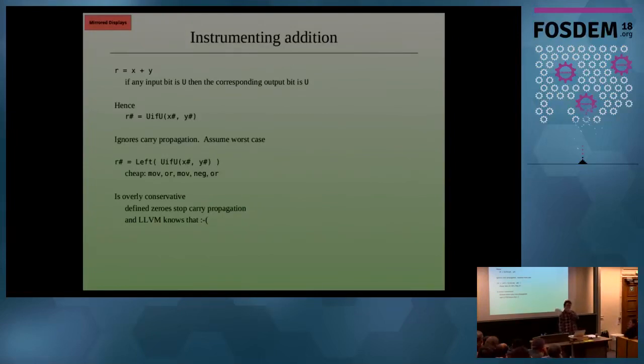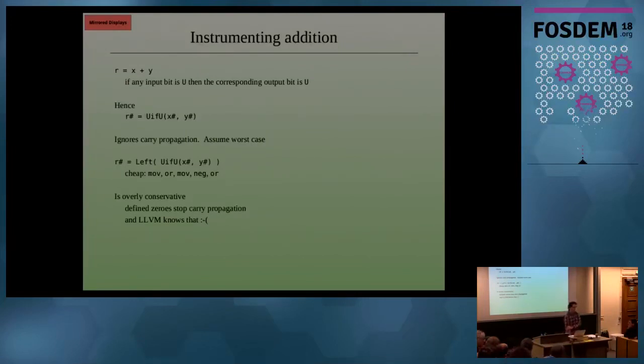We're going to pull in our left building block that we just saw. So we first merge the two arguments, getting a single word, and then we propagate badness left. And that's actually really cheap to generate. It's a couple of moves, a couple of ORs, and a negation. And that works pretty well.